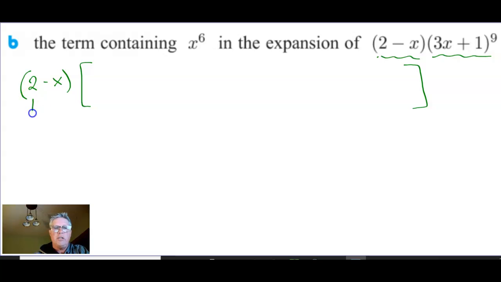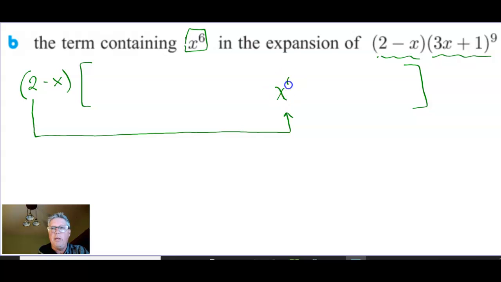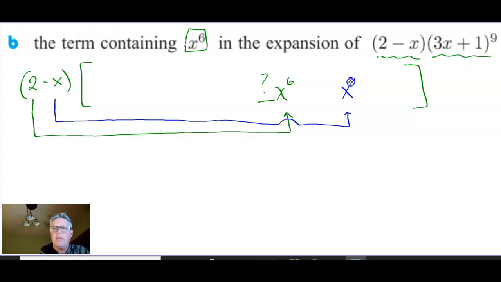So the question is, what term would I be multiplying 2 by in order to end up with an x to the 6th? Well, it's probably x to the 6th. What term would I be multiplying negative x by to get x to the 6th? Probably x to the 5th.